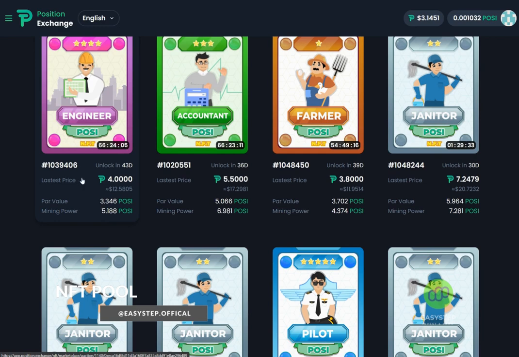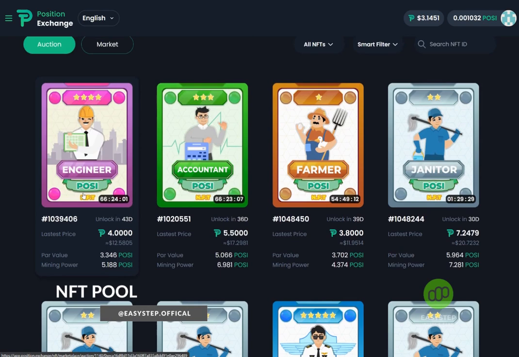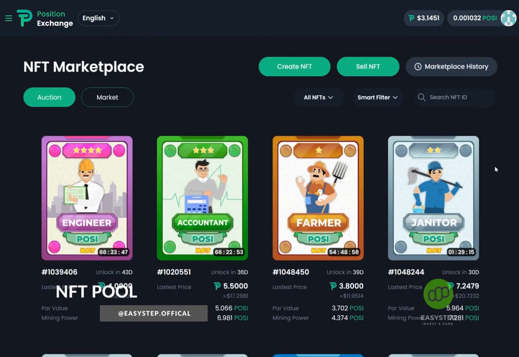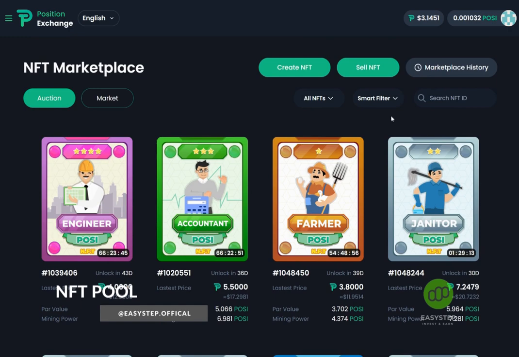The latest price is the price that you would actually pay for the NFT, because this is an auction, and the mining power is the amount you will be able to earn interest on once you stake the NFT in the pool. So this is the auction where investors in Position Exchange put up their NFTs.